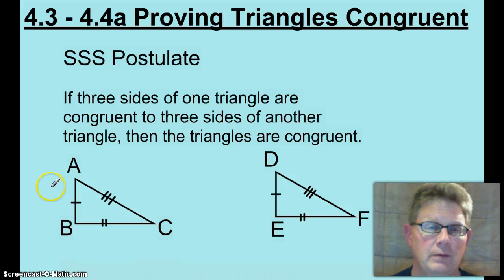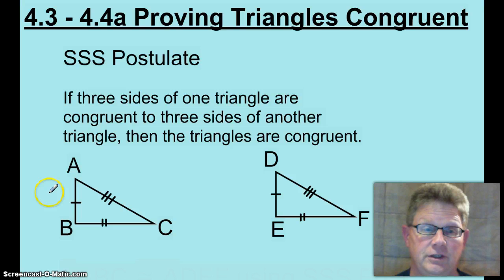The first way to prove triangles are congruent is the side-side-side postulate. If three sides of one triangle are congruent to three sides of another triangle, then the triangles are congruent. AB is congruent to DE because they both have one tick mark. BC is congruent to EF, they both have two tick marks.